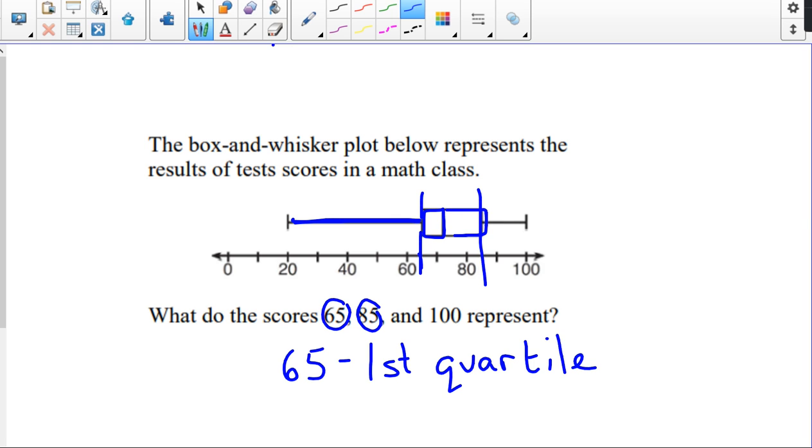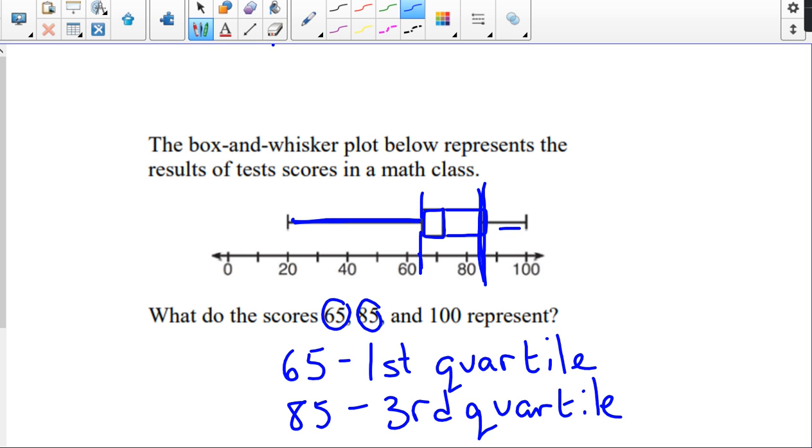This part represents the next quarter. So when we hit this line, we've been through 3/4 of the data. So that line, 85, is called the third quartile. And then after that box, that's our last quarter, the highest 25% of the scores in the class.